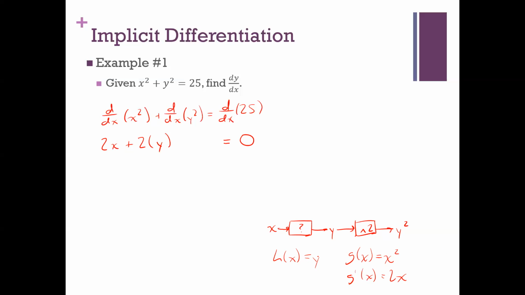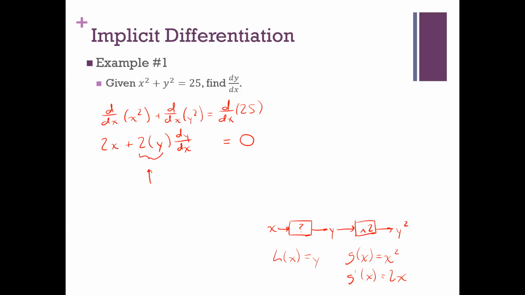What is the derivative of y with respect to x? That's kind of a silly question and a silly answer, but the derivative of y with respect to x is this thing we've been working with for a few weeks now, dy dx, or sometimes you'll see it called y prime, notation that I've used.